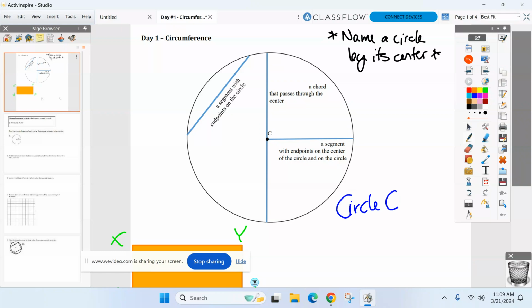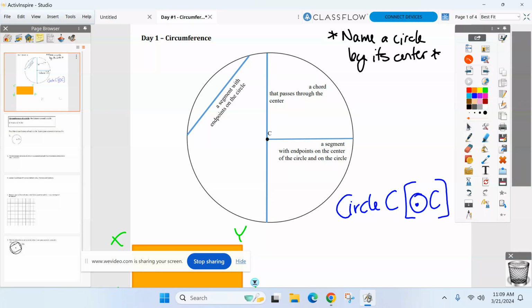Notation that you'll only see in your textbook, I do not care for it, so I don't choose to use it. But in your textbook, they'll use this symbol for a circle and then put C next to it. I do not like that notation, so I will not use it. Your textbook will, so circle C. All right, so that's how we name it.